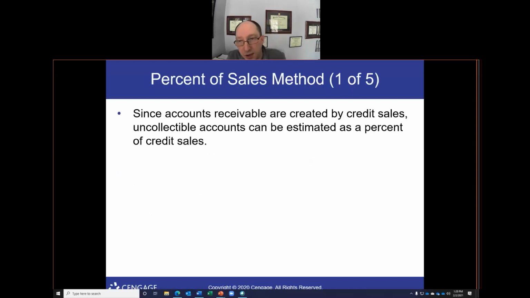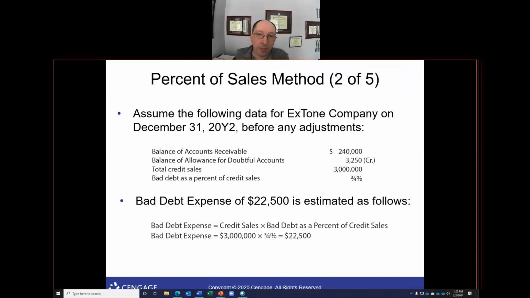Using percentage of sales, we estimate based off of our sales a percentage that we're not going to be able to collect. The earlier example I gave is 3%. Here's an example. We assume that this company, before any adjustments, has a balance of accounts receivable of $240,000, a balance of allowance for doubtful accounts of $3,250, and total credit sales of $3 million.